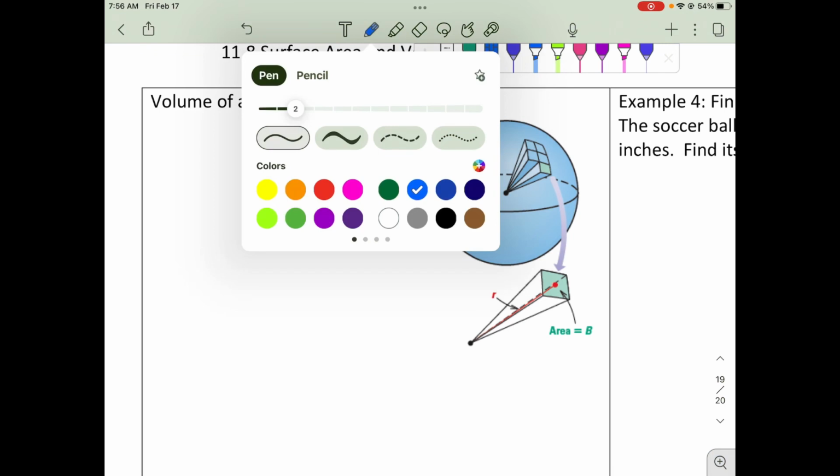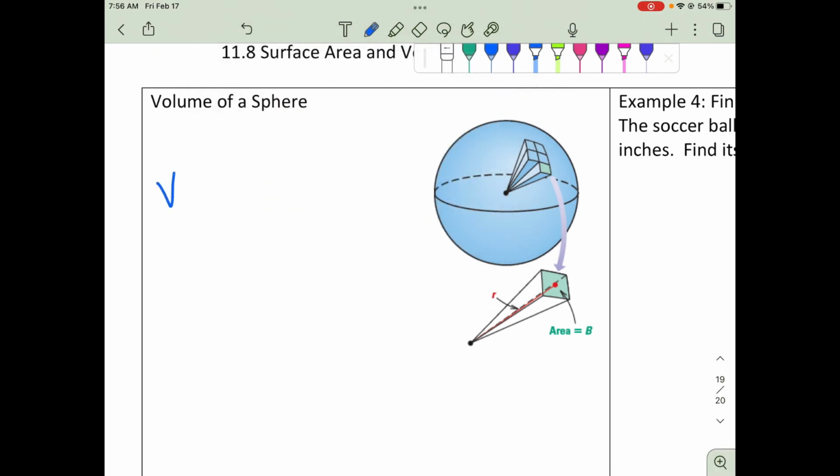So for volume of a sphere, all right, we have been using the general formula base area times height. So if you look at this diagram, can you see how they are mapping quite a few very small pyramids into the sphere? So for a pyramid, we have 1/3, right?